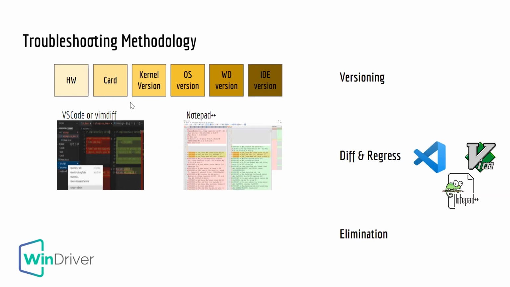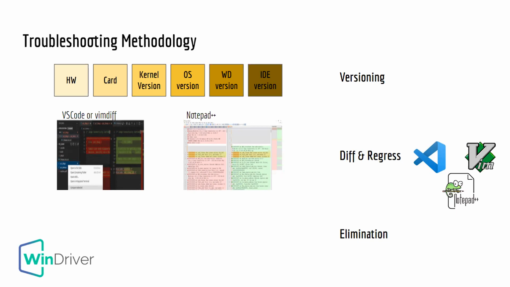There can be compatibility issues with the kernel version. If you're distributing for more than one operating system, things can work on Windows but not on Linux. The WinDriver version, and you get the point. Things are changing. There are a lot of steps along the way. The good news is it helps to break down the process and find where the root cause is.